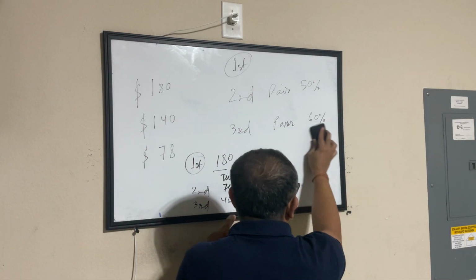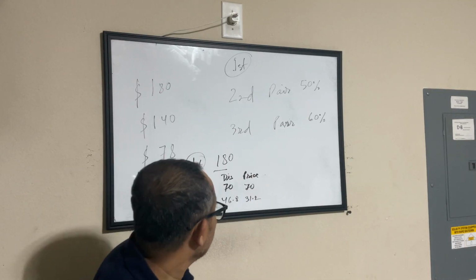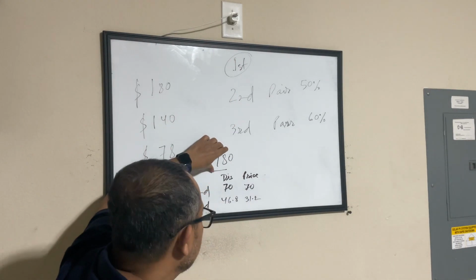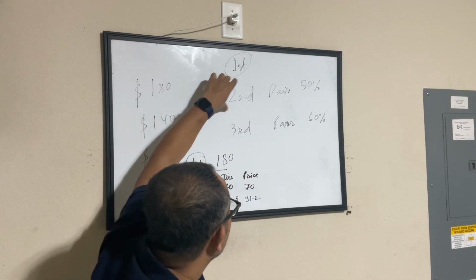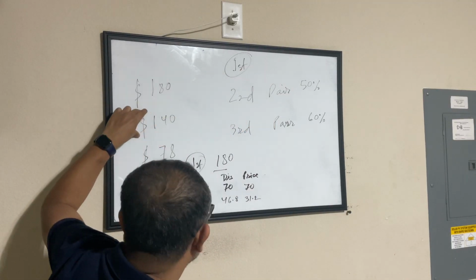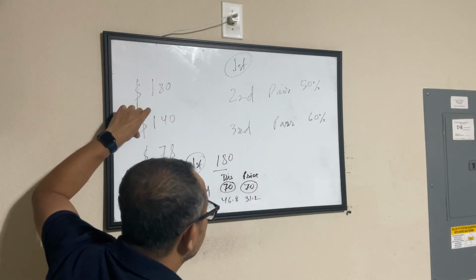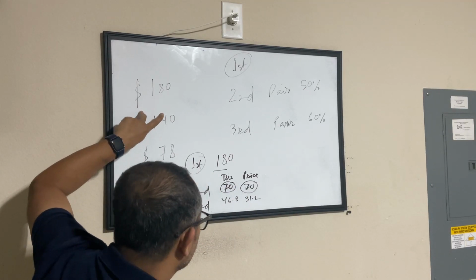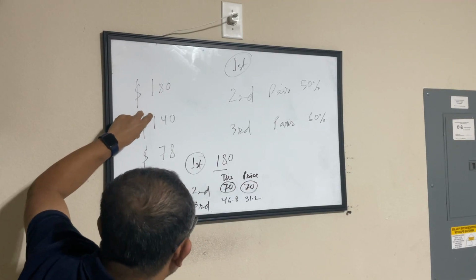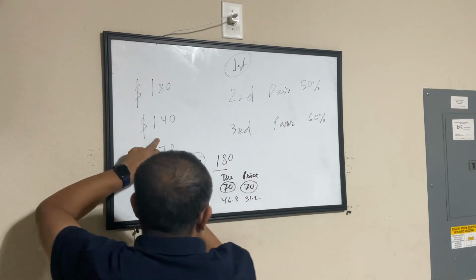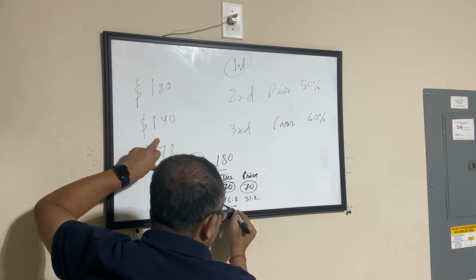So now if you look at this, what did I do? Did I do something fancy? No. First pair, no discount. 180 is what I have to pay. Second pair, 50% discount. $70 is discount and $70 is the price after discount. 140 minus 70 gives you 70. Now third pair, 60% discount. 60% of 78 is 46.8.